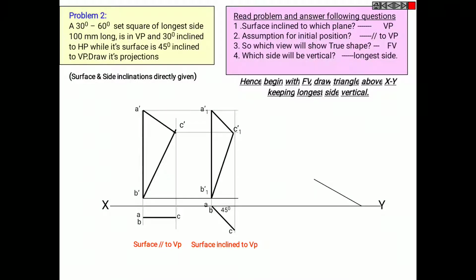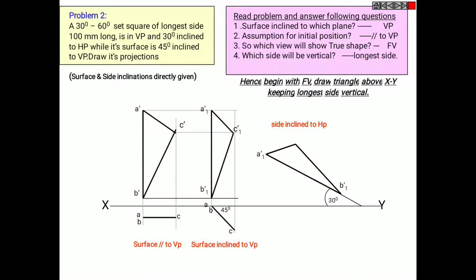Now again in the third case, the side is 30 degrees inclined to HP. So the same figure was got in 30 degrees inclination. The side inclined to HP, which is A1 dash, B1 dash, C1 dash, and taking the projections from this diagram to the next of the second case.